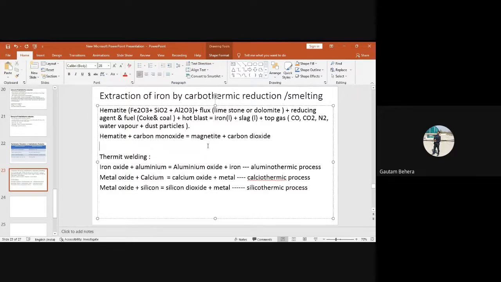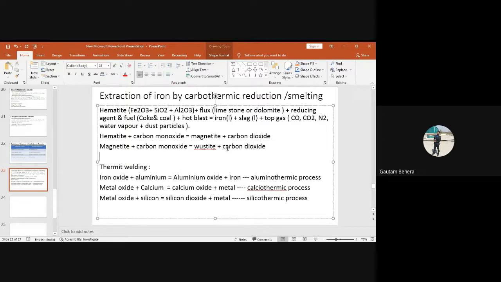Similarly, magnetite again reacts with carbon monoxide to give you wustite plus carbon dioxide.